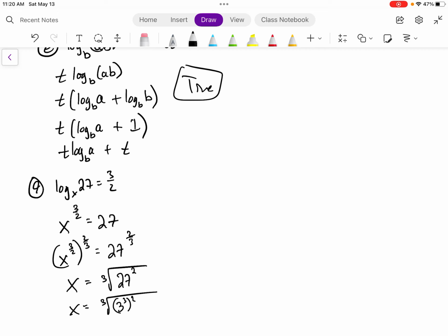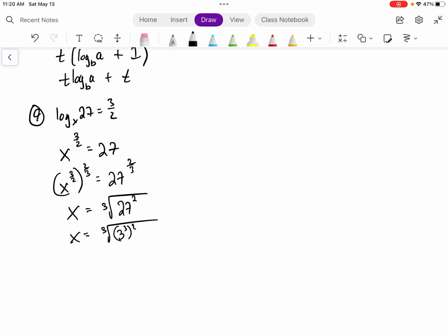And I think you guys can see that if I were to list all this out, I'm going to get 6 3s in there. This would be 3 times 3 times 3 times 3 times 3 times 3. If I have that many 3s in there, and I'm saying, what would I need to multiply by to get this many 3s if I wanted to multiply it by itself 3 times? Well, of course, there'd be 1 set, 2 sets, and 3 sets. So this is just 9. It's a little tricky, but you guys can do that.